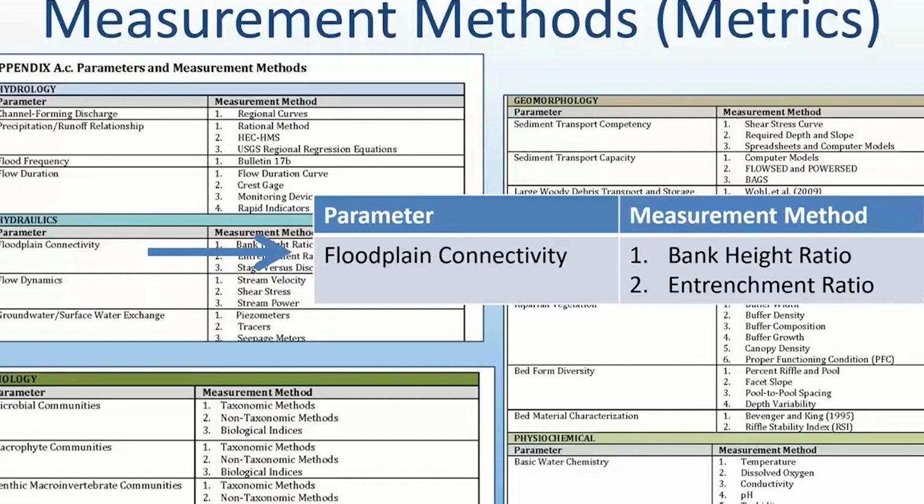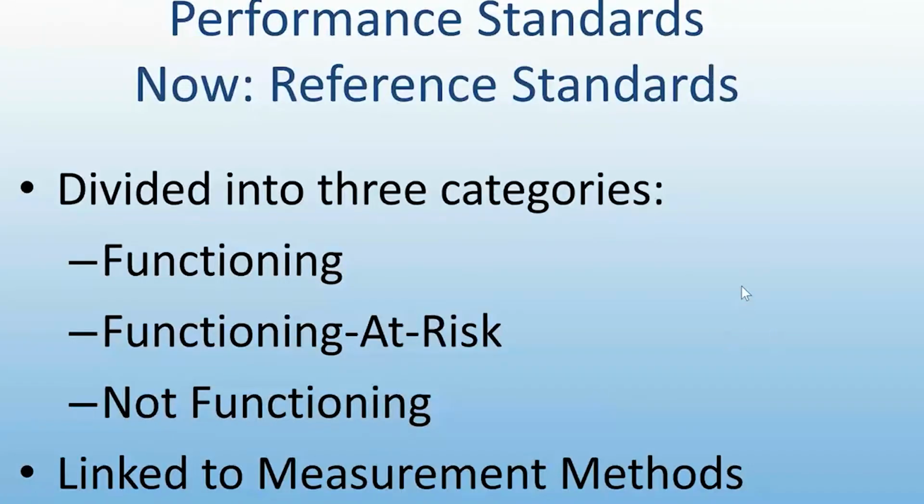So every parameter has one or more metrics that quantify the parameter. And then attached to each of those metrics are reference standards, and those reference standards are put into these categories of functioning, functioning at risk, or not functioning.